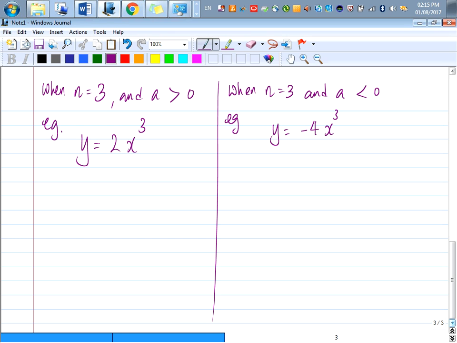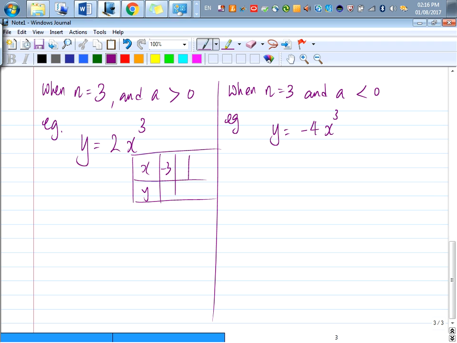Okay, now I am going to let you try, because right now you don't know what the shape looks like, right? So let's pretend that this is an exam. I ask you to sketch y equals 2x power 3. Then you don't know how to do it. You can't remember the shape. What are you going to do? Yeah, you plot. Okay, try plotting now. Draw a table. x, y.